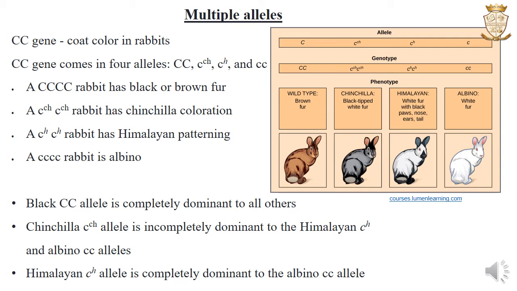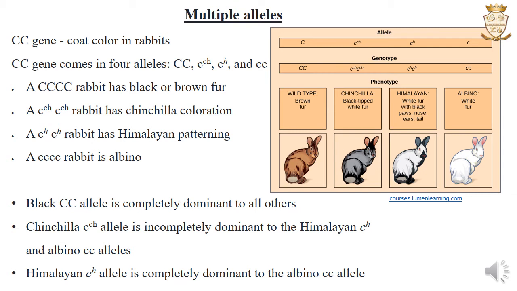The C gene specifies coat color in rabbits, and this particular gene comes in 4 different alleles in a population of rabbits, even though each single rabbit can have only 2 alleles. These 4 alleles are capital C, c-chinchilla (C^ch), c-Himalayan (C^h), and small case c.